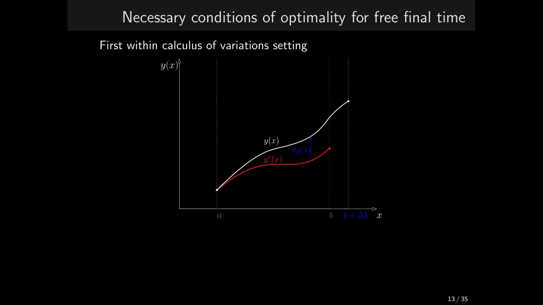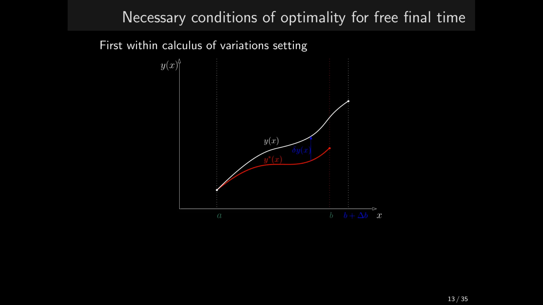Note that in contrast with the basic problem of calculus of variations, here only the left end of the interval is fixed, x equal to a, while the right end of the interval is free and subject to optimization. The value of b that I show in the figure corresponds to the optimal function y star. Well, I should have named it b star then.